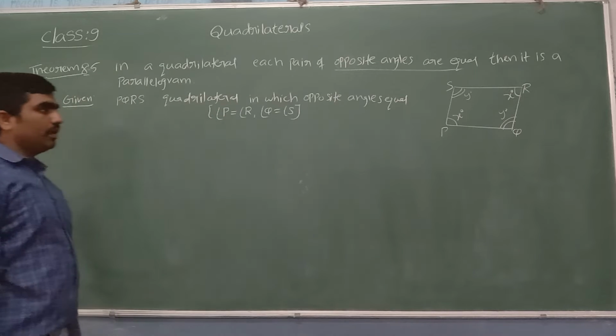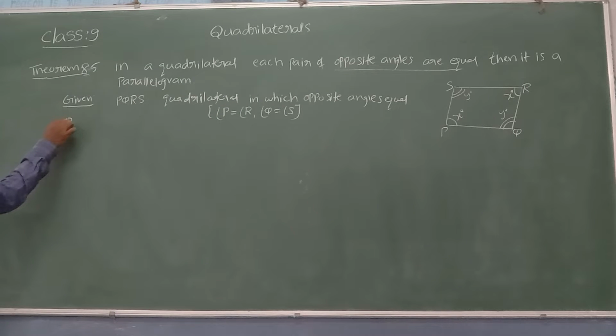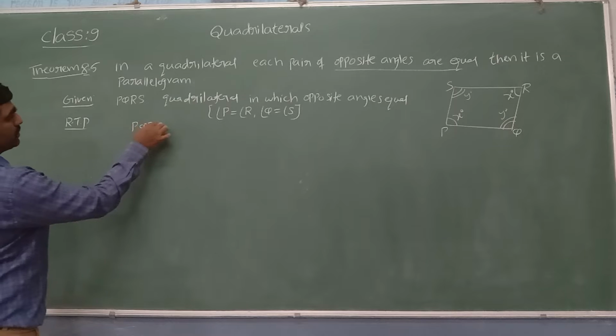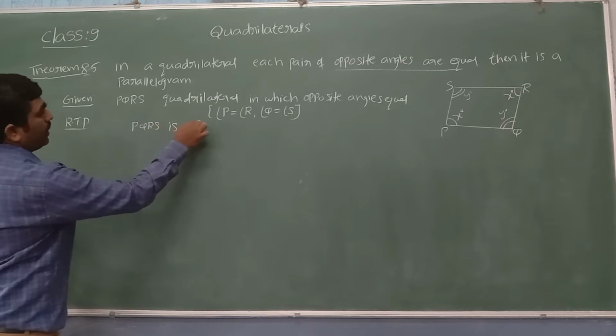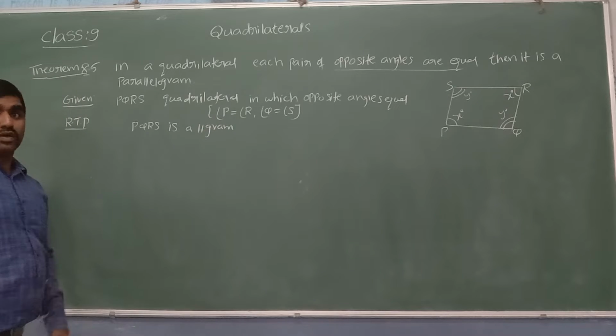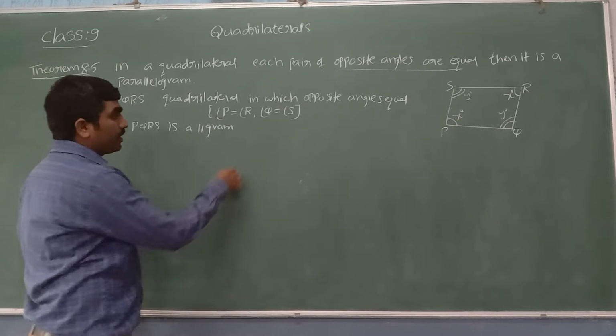Opposite angles are equal. Then what is required to prove? We have to prove that PQRS is a parallelogram. So when can we say a quadrilateral is a parallelogram?